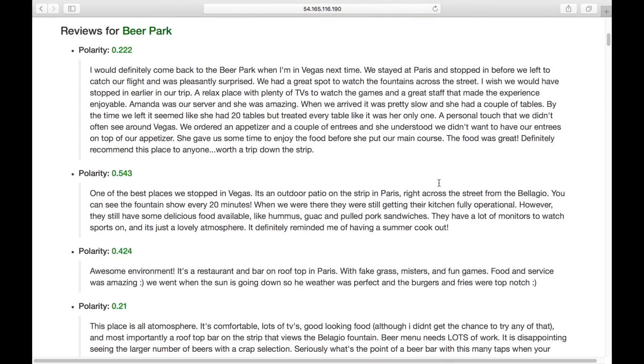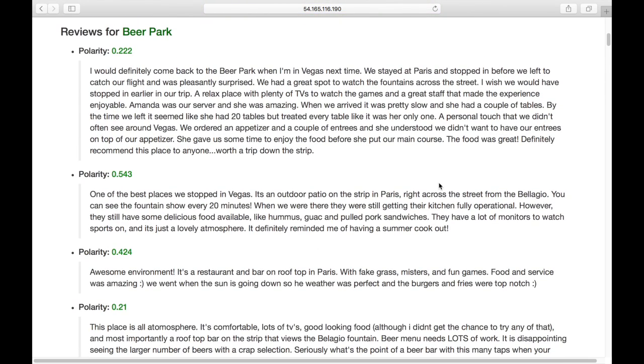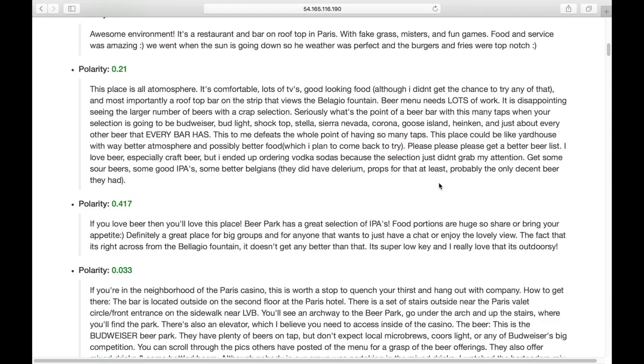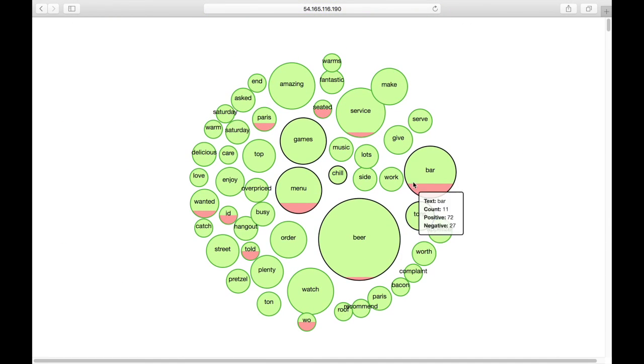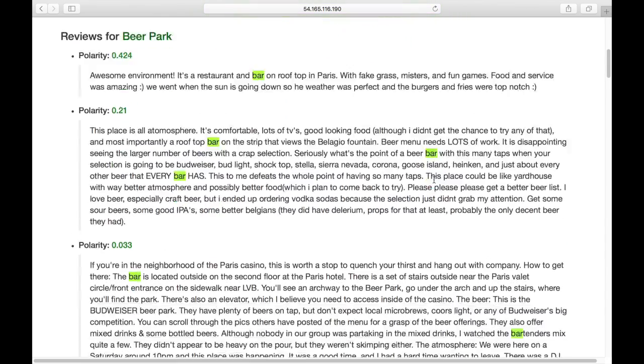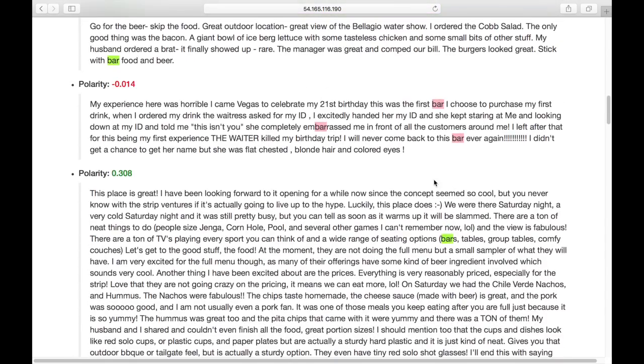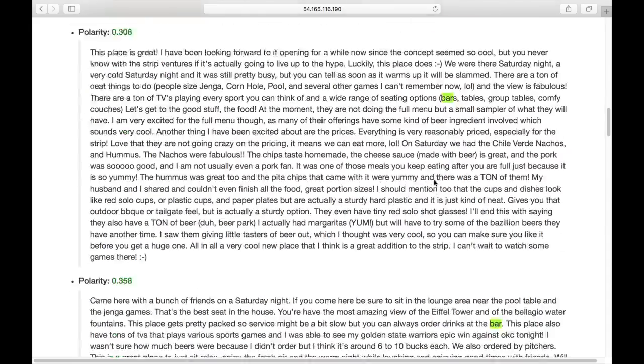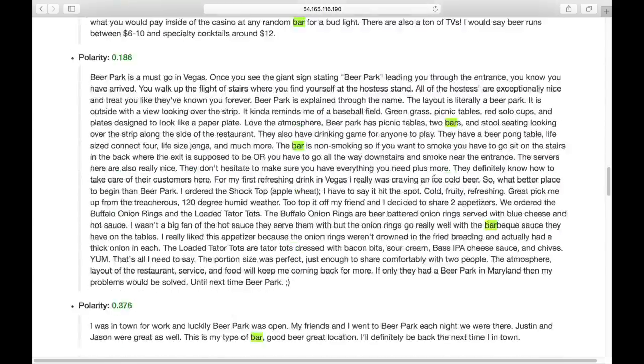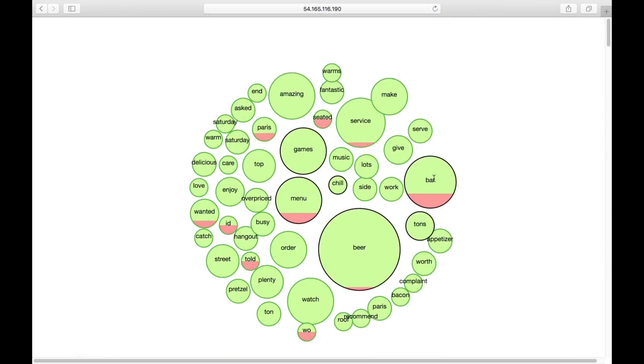And if you scroll down, you get to see all the reviews for the specific restaurant. And if you click on one of the tokens, you get to see all the reviews that have this specific token, and it's going to be highlighted by polarity, green for good and red for bad.